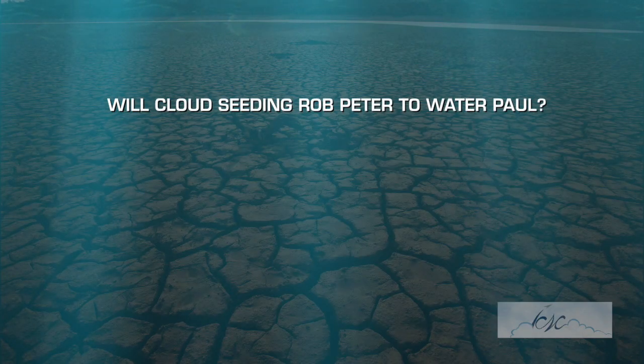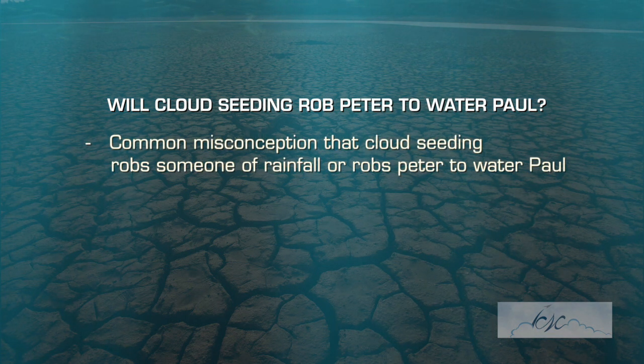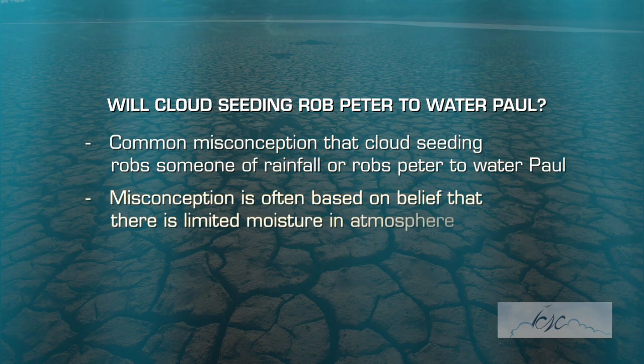Will cloud seeding rob Peter to water Paul? It is a common misconception that cloud seeding robs someone of rainfall, or robs Peter to water Paul. This misconception is often based on the belief that there is limited moisture in the atmosphere.